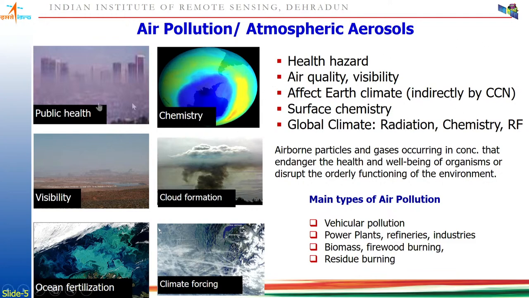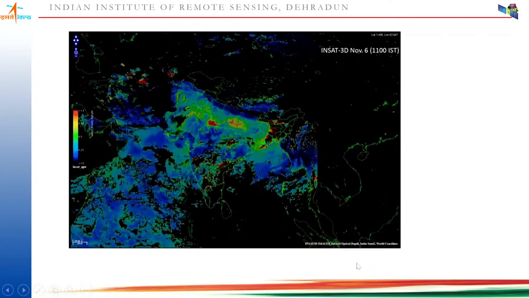This affects not only public health, that is the health of children, women or any species, but also visibility, ocean fertilization, changes in atmospheric chemistry, cloud formation, and ultimately climate forcing. The main sources are vehicular pollution, power plants, refineries, biomass and burning.